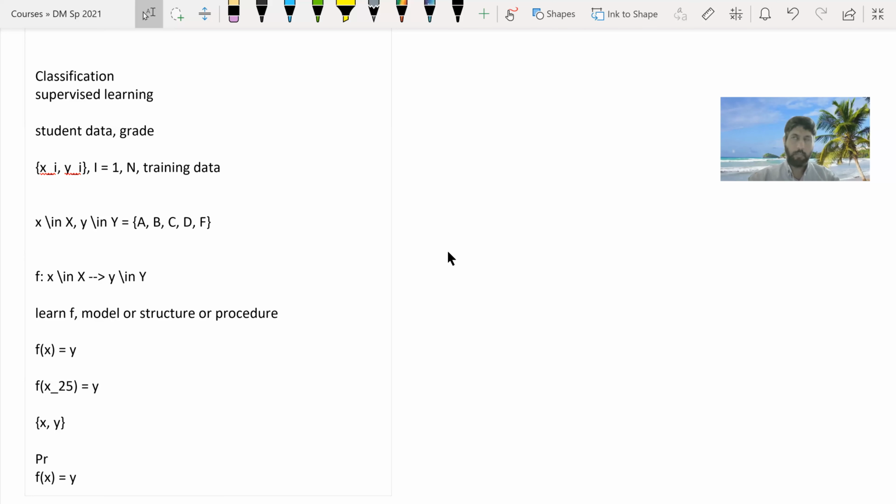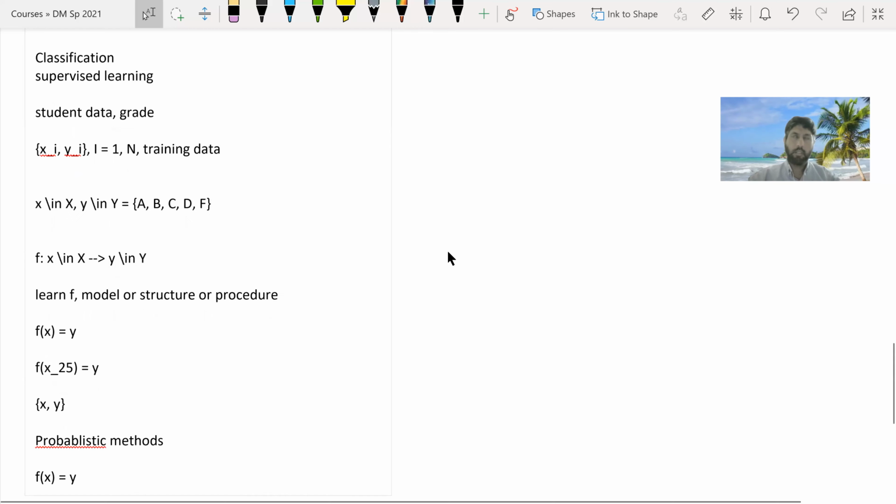you can say that you have probabilistic methods. The underlying theory that goes into these methods is probability theory. And then we have another category called statistical methods. In this, we don't really talk about probability explicitly.